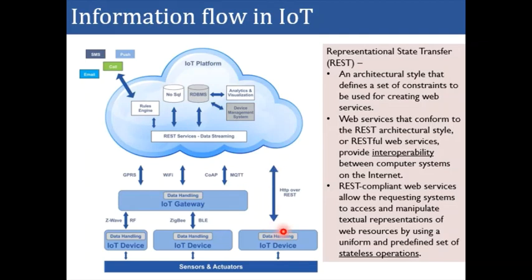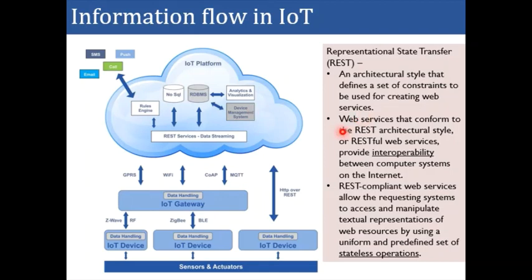So RESTful API is nothing but an architectural style that defines a set of constraints to be used for creating web services. So API is nothing but application programming interface where the IoT device utilizes the REST architecture to share the data with the remote application.